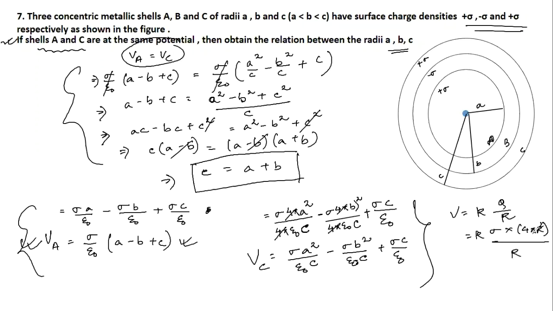But if you consider surface charge density for different surfaces, then you will have different terms, like E square or whatever. You will have different variables if you consider different spheres with different charge densities. Only this modification you have to apply. Otherwise, the process is the same.